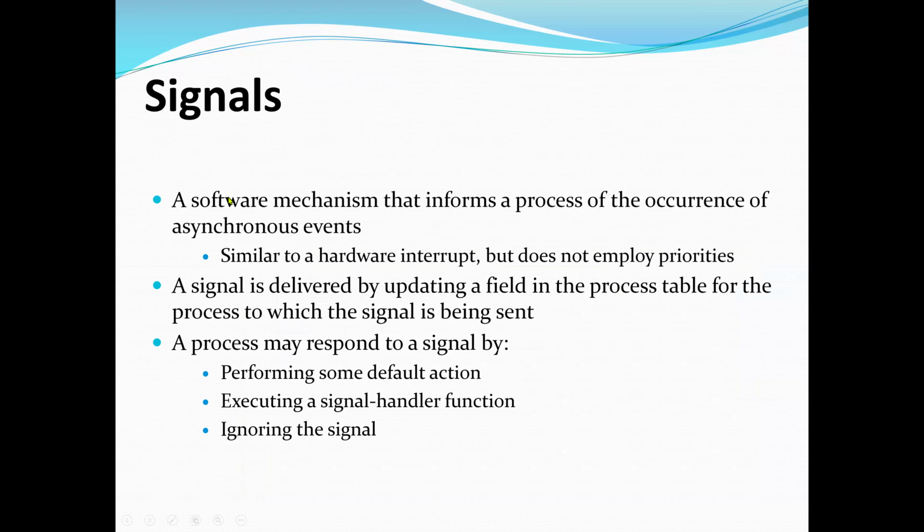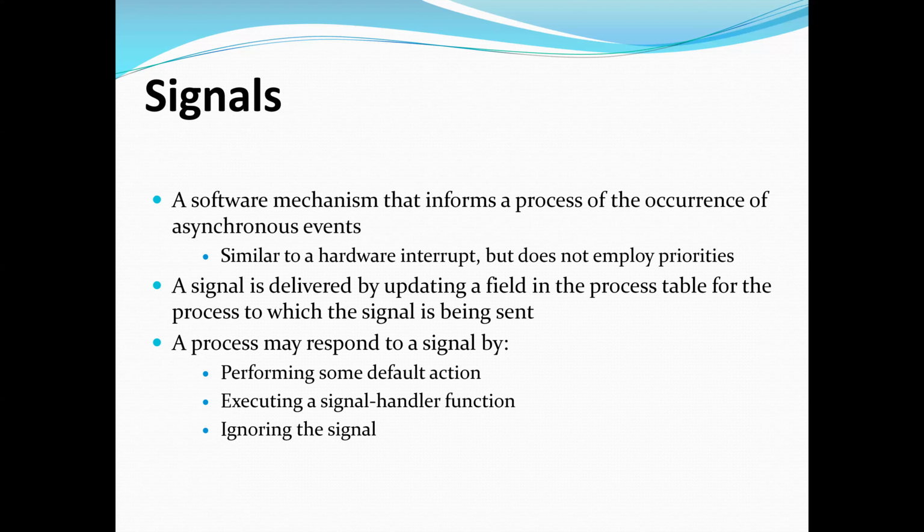Next we talk about signals, which are also provided by UNIX. A signal is a software mechanism that informs a process of the occurrence of asynchronous events. A signal is similar to a hardware interrupt, but does not employ priorities. That is, all signals are treated equally.